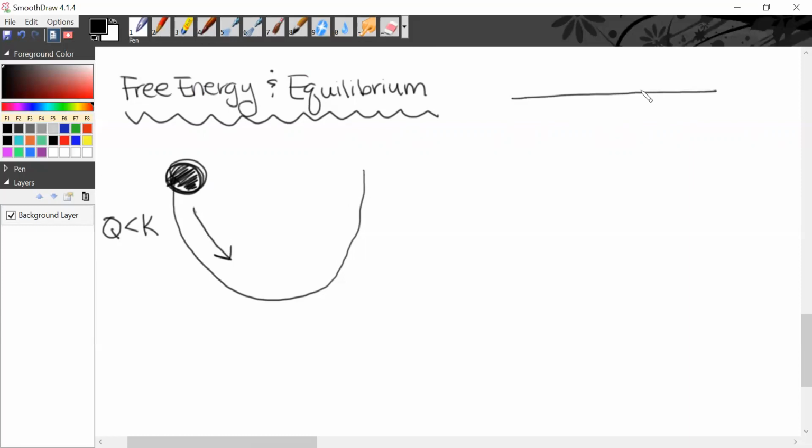This is not new information. Do you guys remember this from equilibrium? If you have a K value and a Q that's less than K, the reaction is spontaneously going to go forward to get to equilibrium. And if you have a Q value that's greater than K, it's going to go in reverse to get to equilibrium.